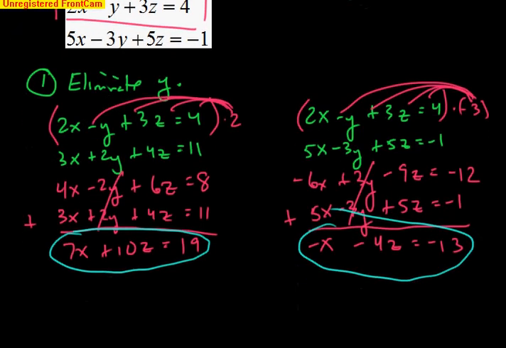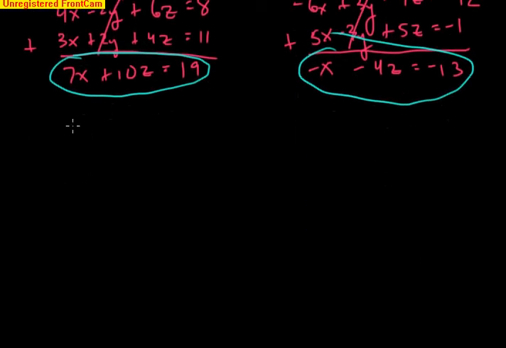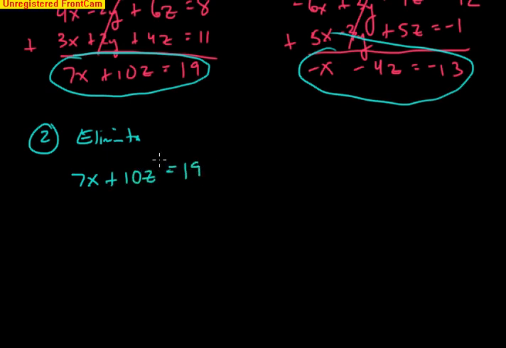Okay, let me scroll down. Step 2. We're going to eliminate our second variable. Let's write these two new equations on top of each other. 7x plus 10z equals 19. Negative x minus 4z equals negative 13. I look at these two equations and say which variable is the easiest one to get rid of, and that's this x.